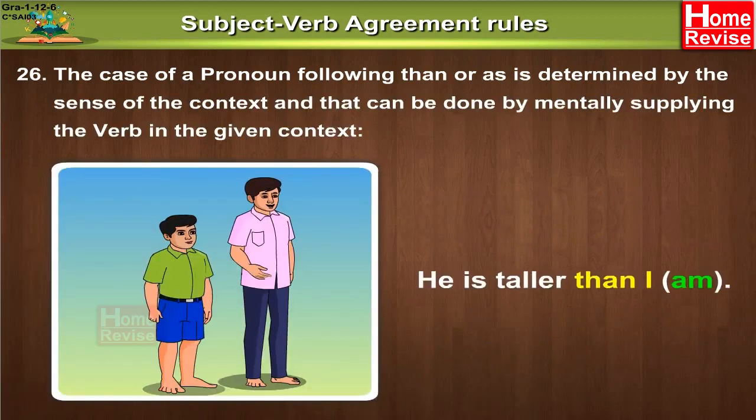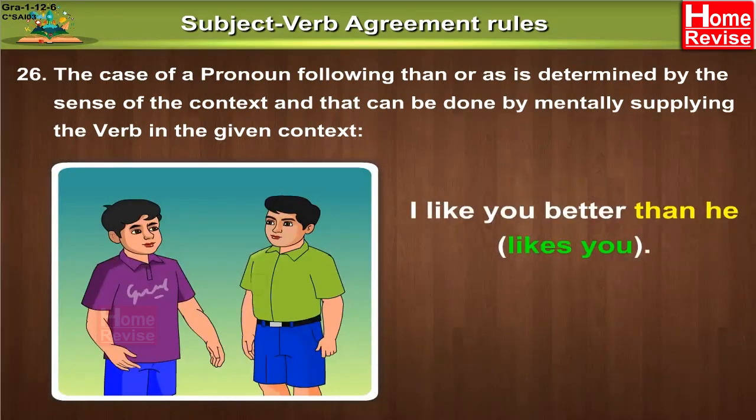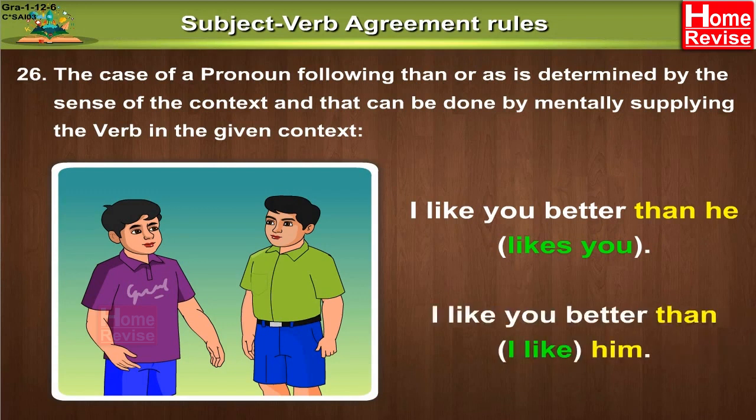He is taller than I am. Am is not mentioned here. I like you better than he likes you. Likes you is not mentioned. I like you better than him. I like you better than I like him. I like is not mentioned.